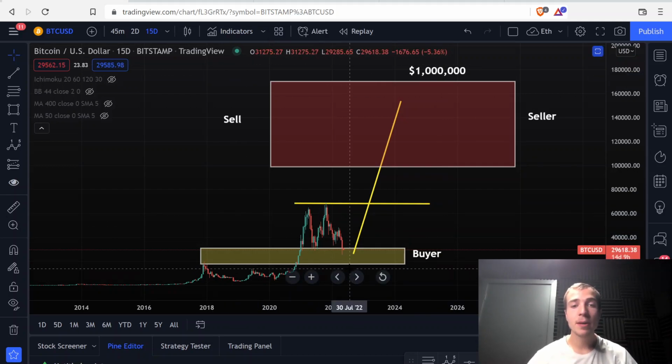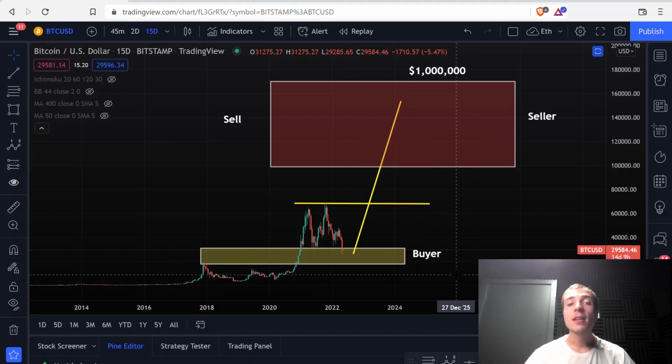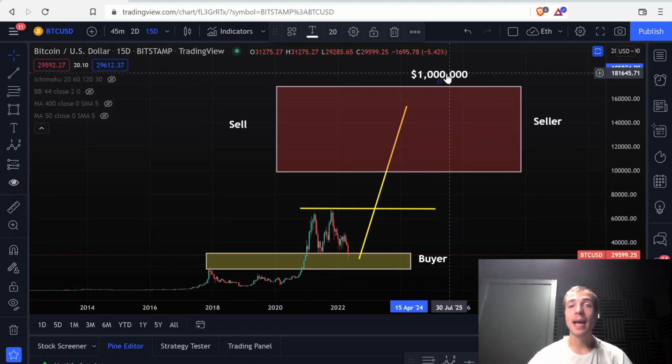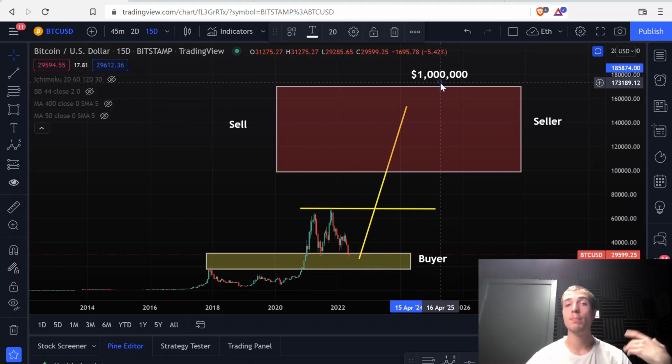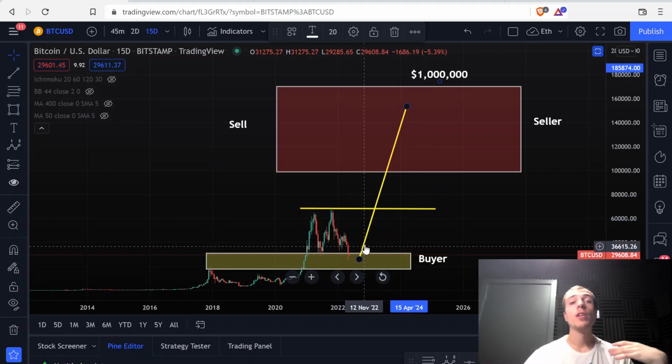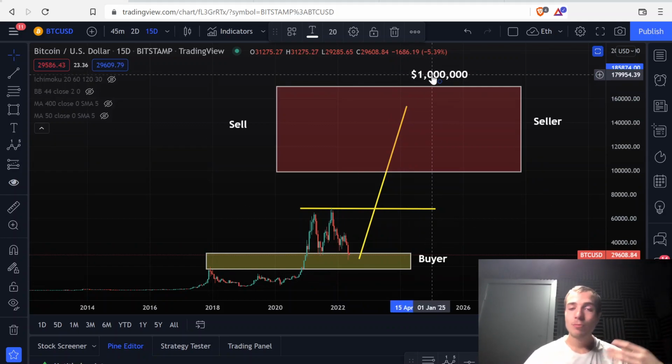So just like how most everybody's expecting 7K, 20K, and even 13K and those levels down here, just like how it's unlikely for us to test those levels as a result of the majority expecting it, it's also unlikely we go all the way to $1 million per coin this cycle because the majority of the bulls that are too perma-bullish are expecting that. So the perma-bearish bears are expecting way too low here, below the last all-time high, and the perma-bullish bulls are expecting levels that are ridiculous for this market cycle, like $1 million per coin.